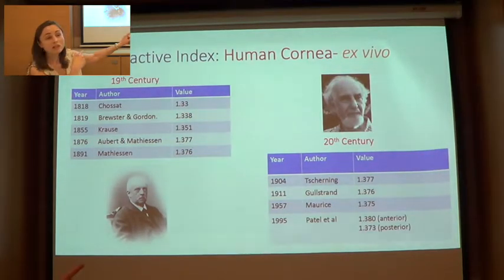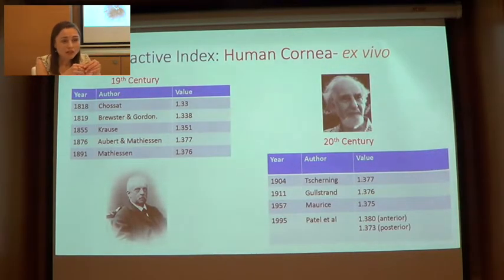And as we look at this slide, right low, we can see that in the 20th century just a handful of investigators gave their own estimates of refractive index. Interestingly also, all these estimates were achieved on fewer than 10 eyes, and all these results were achieved ex vivo.